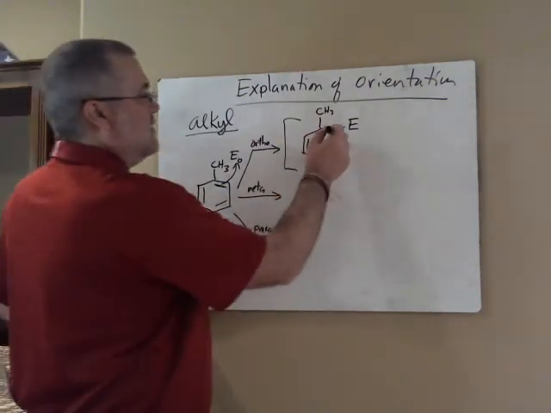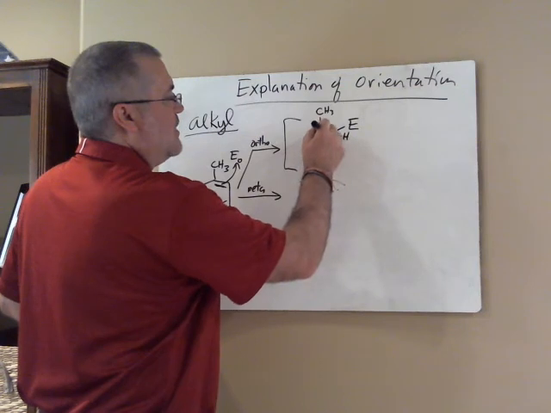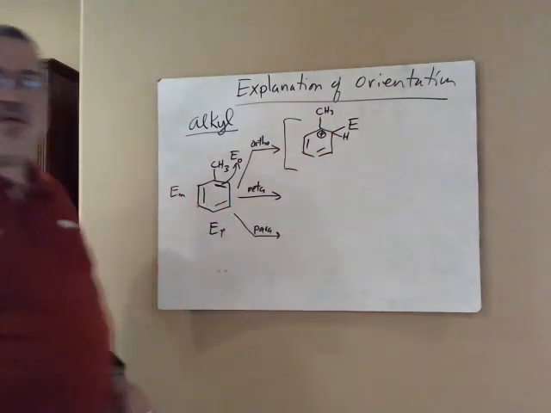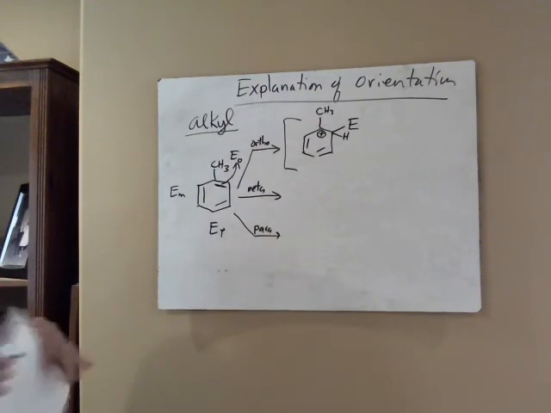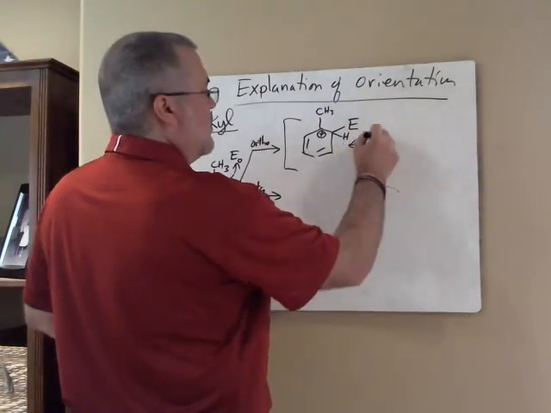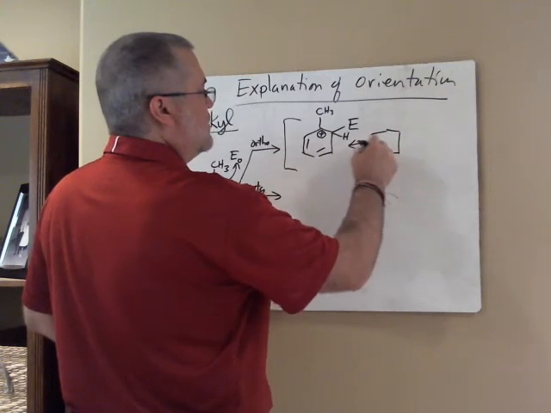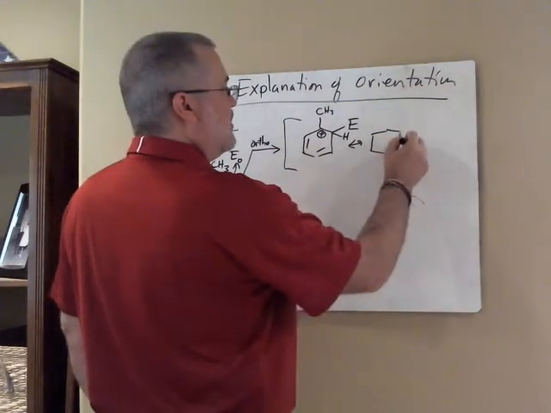And when it does that, there's still an H there. When it does that, remember it leaves a deficient carbon at that position. Okay? I can draw resonance forms for this. And since we're explaining this mechanistically, I need to draw these out.